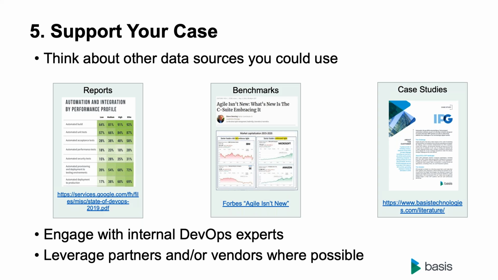Here there was a great article recently in Forbes talking about how there is a very strong correlation between those leadership teams, that C-suite that is embracing agile versus those that are not, and how that reflects itself in stock price performance through value delivery. And obviously we have a number of case studies that are available on our website that can help provide some meaningful context and examples from other customers.